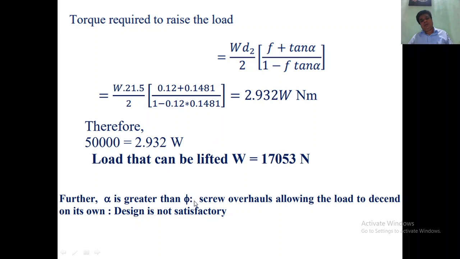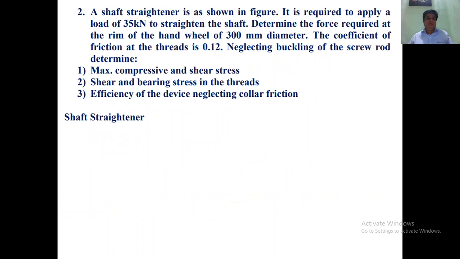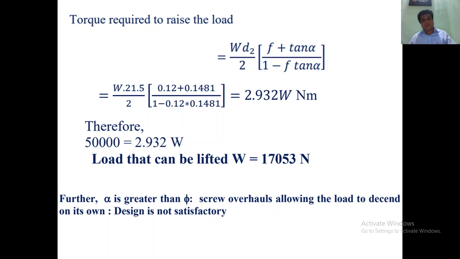But in this application we want the self-locking condition, so we can say the design is not satisfactory. This is only a check. When the design is not satisfactory, we can change the load or other parameters, such as friction, until we achieve the self-locking condition.